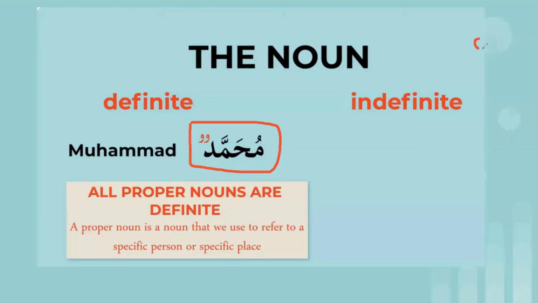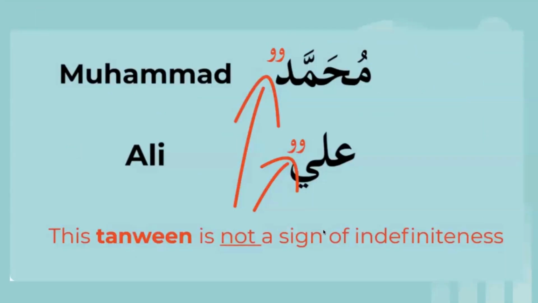So when I say Alia, even without al, it's definite. Likewise, Aisha, every name in the world is definite. Did you understand? Yes. Okay, you understood it.